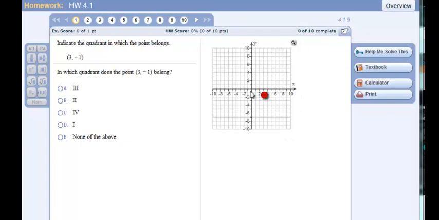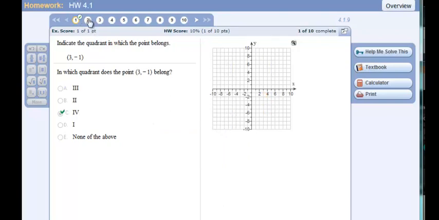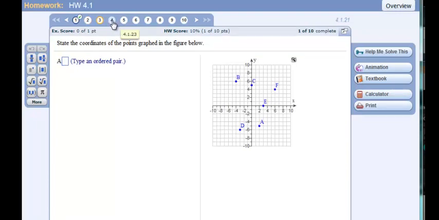Memorizing the quadrants is just something that you'll need to do for this section. If you remember, this was 1, 2, 3, and that would be quadrant 4. So you're just going to pick the quadrant that says 4, and then check your answer, and you got it right. So that's going to be some of your homework. It's just indicating the quadrant. Okay.